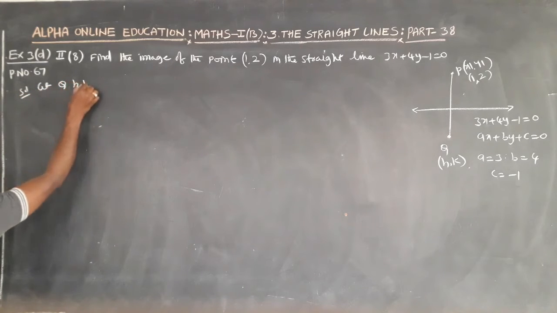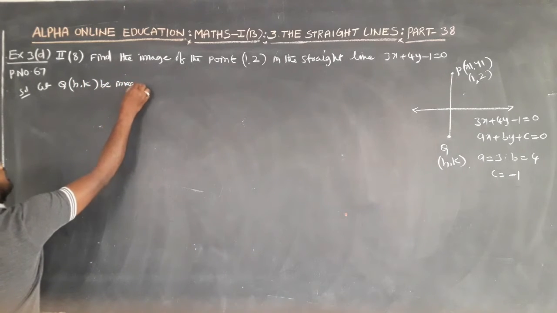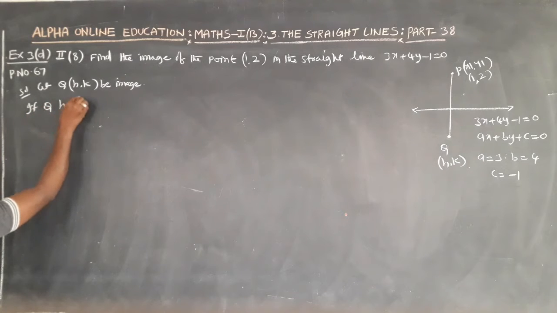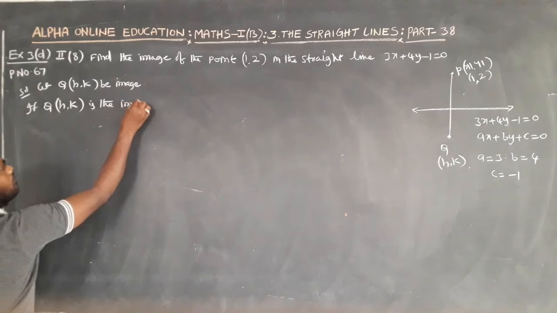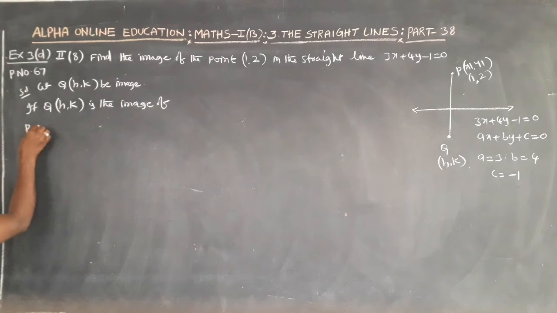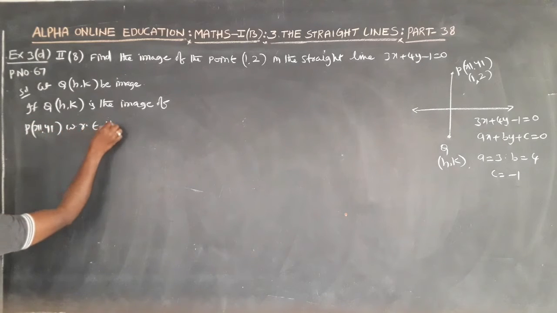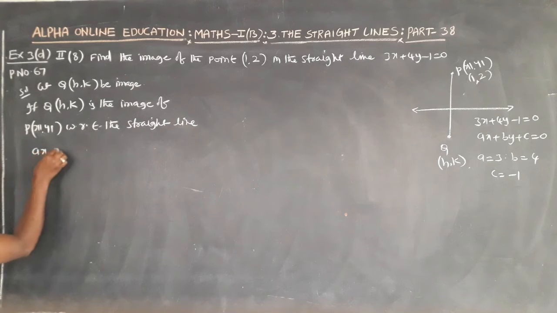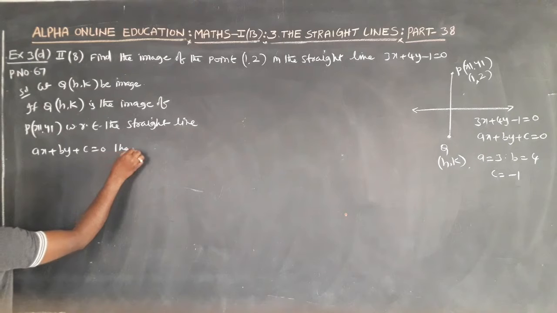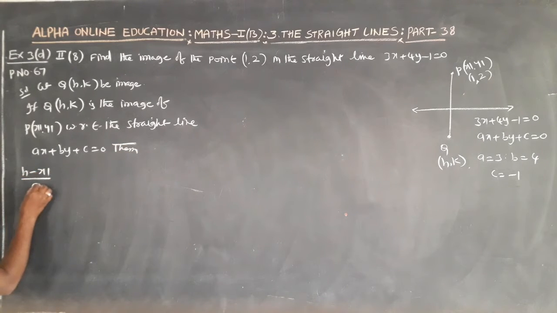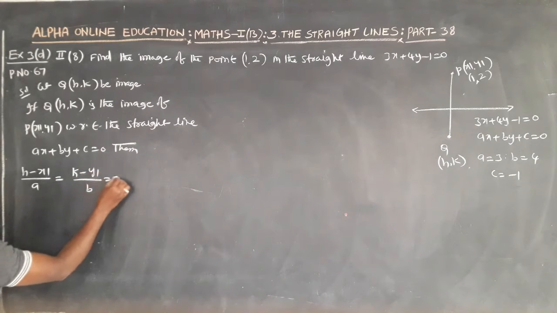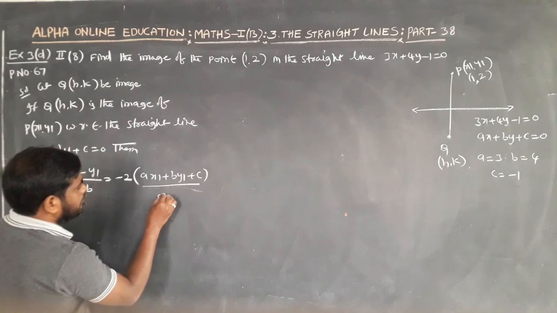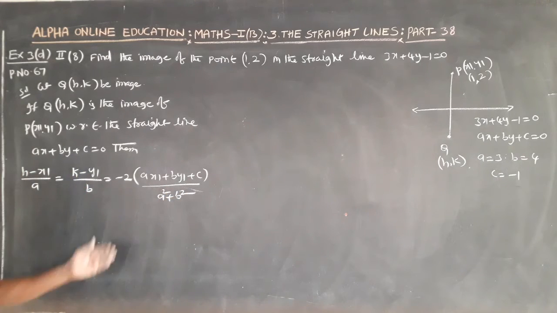Let Q(h, k) be the image. If Q(h, k) is the image of P(x1, y1) with respect to the straight line ax + by + c = 0, then (h - x1)/a = (k - y1)/b = -2(ax1 + by1 + c)/(a² + b²). This is the image theorem.